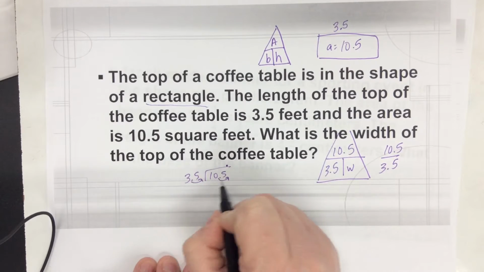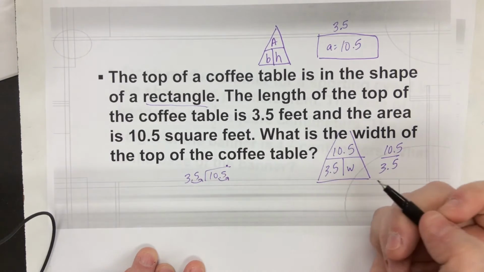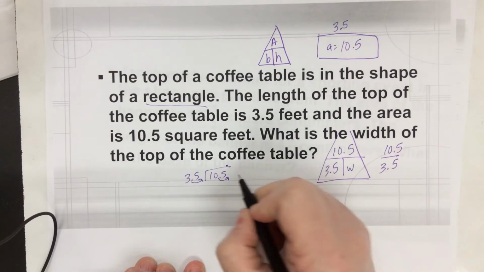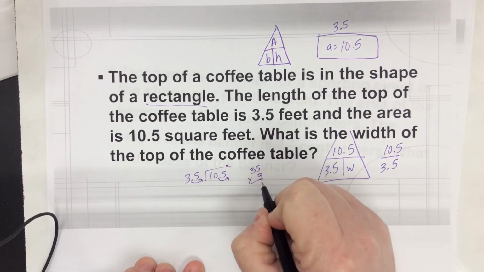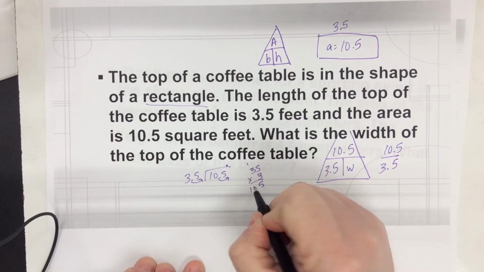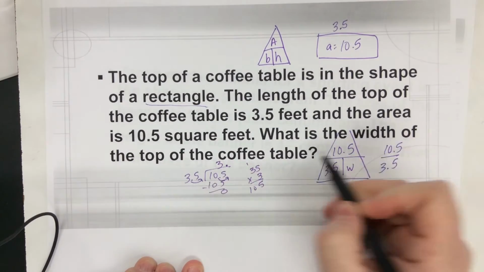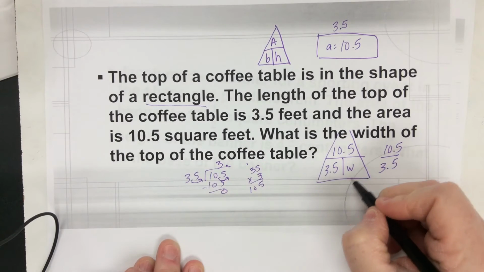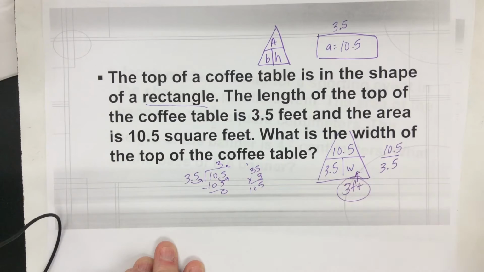So really what I have is 105 divided by 35. Well, 33 times 3 is 100, so I'm going to see if 35 times 3 might be close there. Look at that, it's 3. So the width of my coffee table is going to be 3 feet. Okay, so you see we work backwards with these.